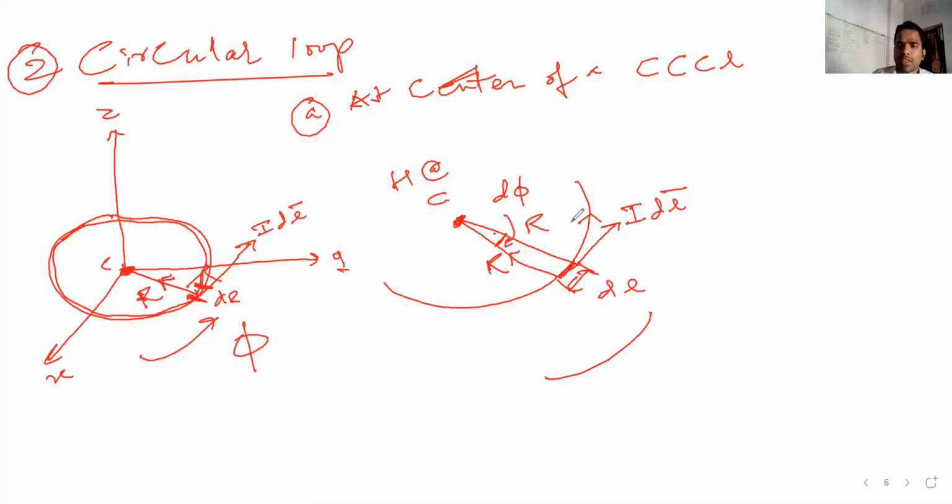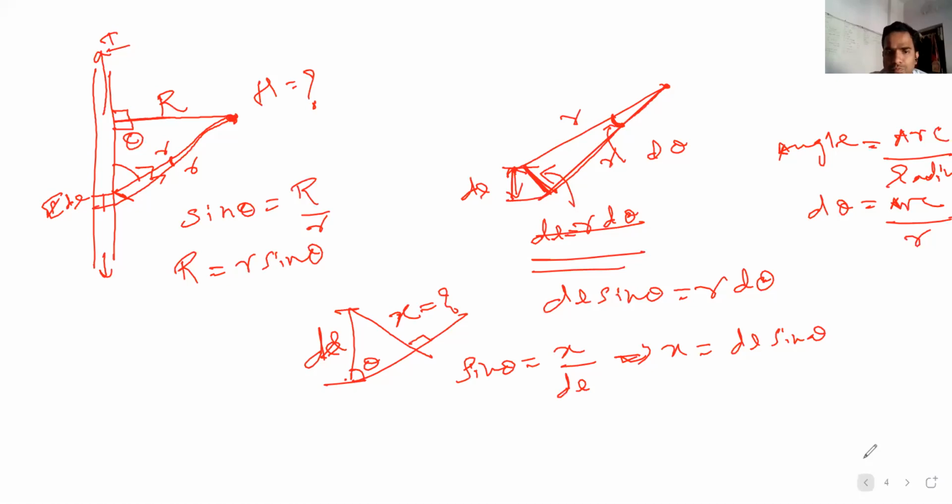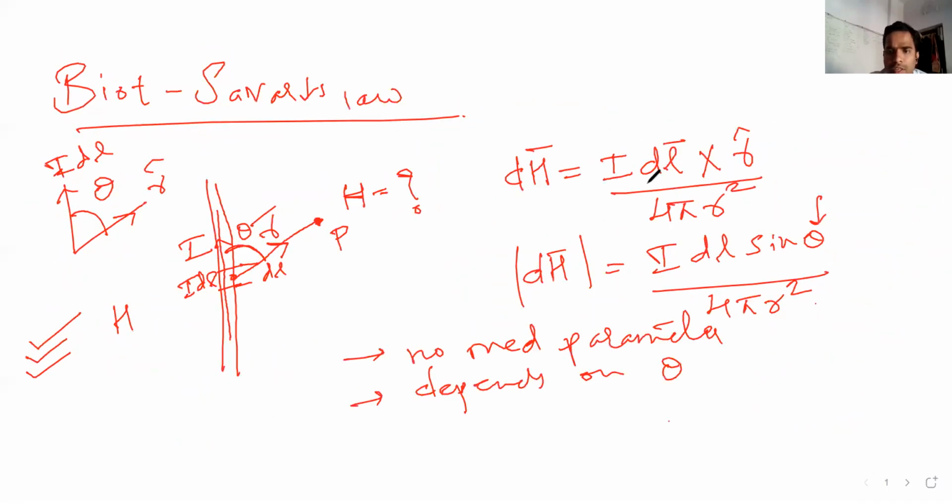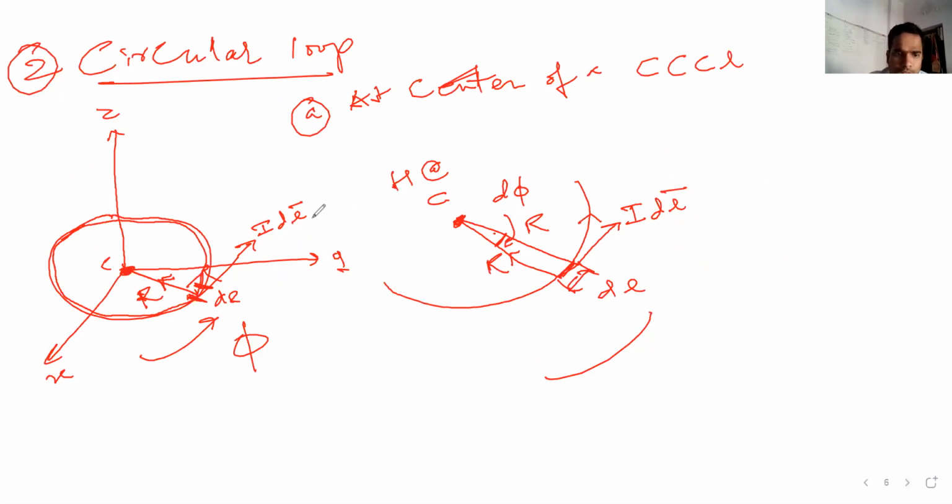So what is the angle between Idl bar and R cap as per Biot-Savart's law? Idl bar is a vector, dl bar is a vector, and R cap is the direction in which we wish to find the H. What will be the angle between Idl bar and R bar?